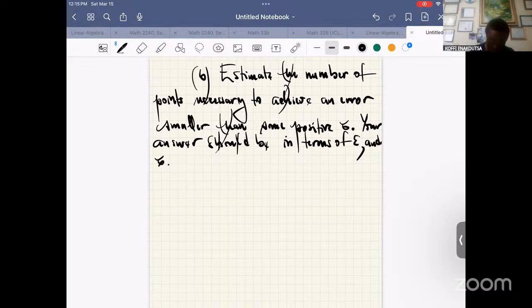All right, so we know that the trapezoidal rule, we know what type of error it has.